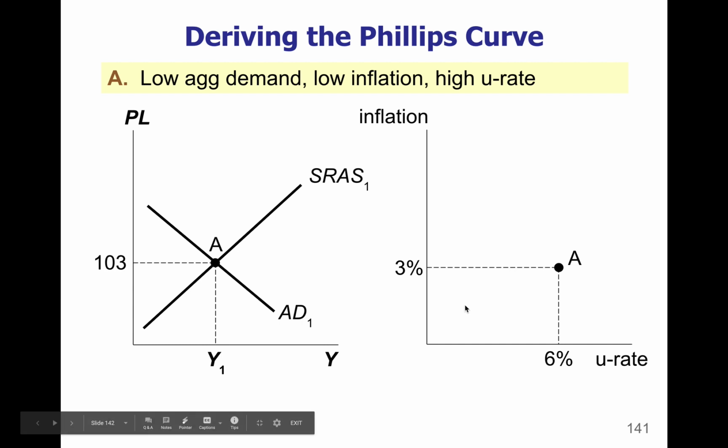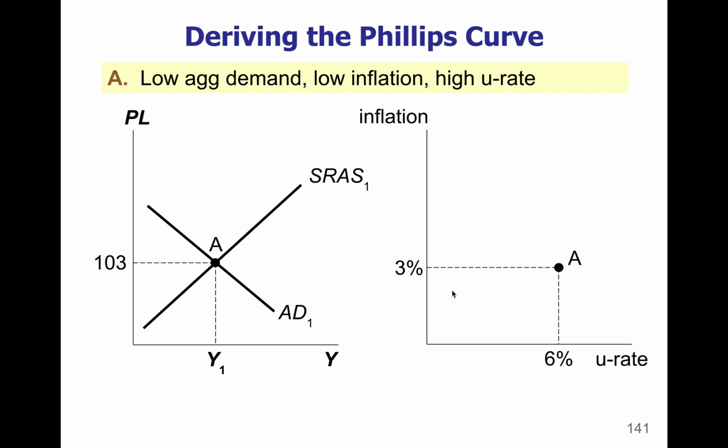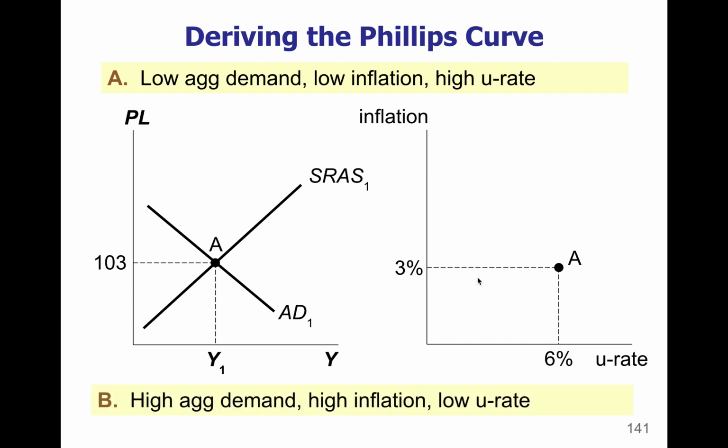Over here on our Phillips curve, we typically use percentages on the axes. So this would be an inflation rate of 3%. Let's say Y1 equates to a 6% unemployment rate.